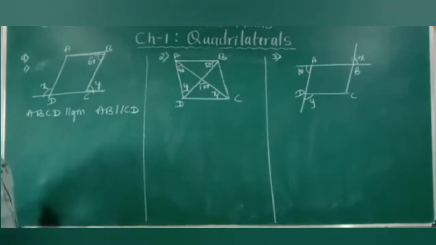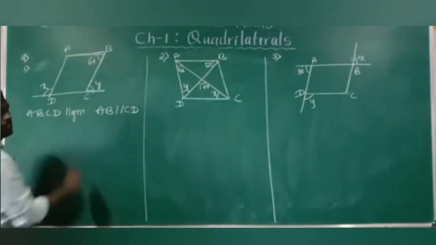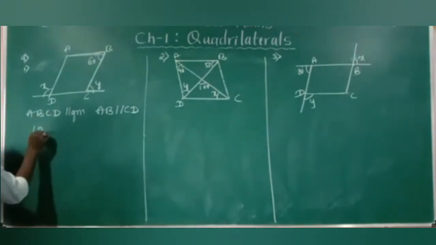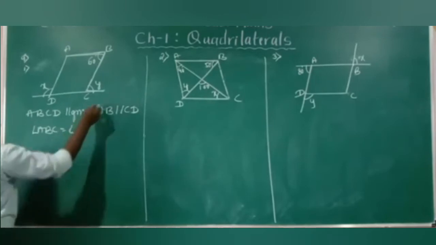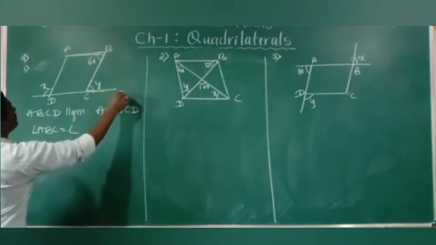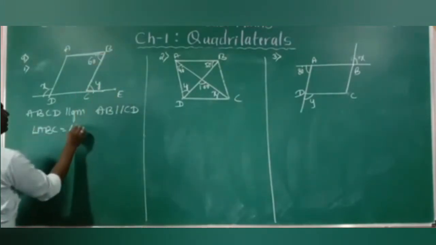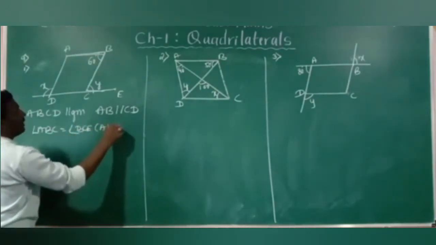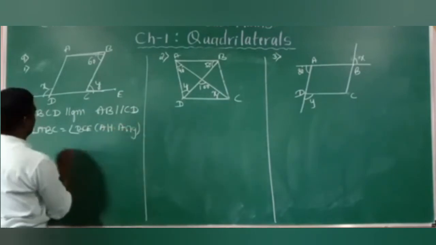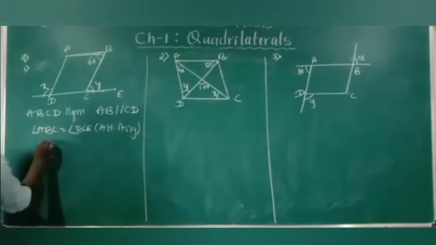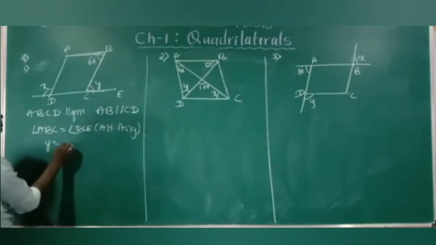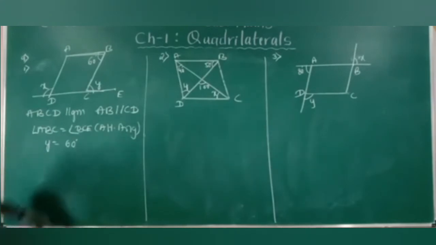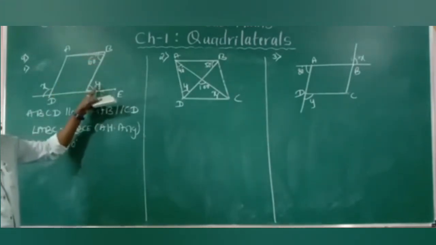Okay. Now AB is parallel to CD means angle ABC, take one more point, that is E, angle BCE, are alternate angles. Therefore angle BCE, which is y, is equal to 60 degree, right? y is equal to 60 degree.